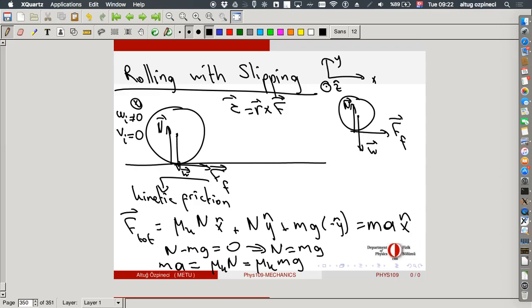The angle between the two is 180 degrees. The magnitude of the torque is proportional to the sine of the angle between these two, and sine of 180 is 0. So the magnitude of the torque created by the normal force is 0. So the normal force also doesn't create any torque. The only force that creates a torque is the friction force. What is the magnitude of that torque?